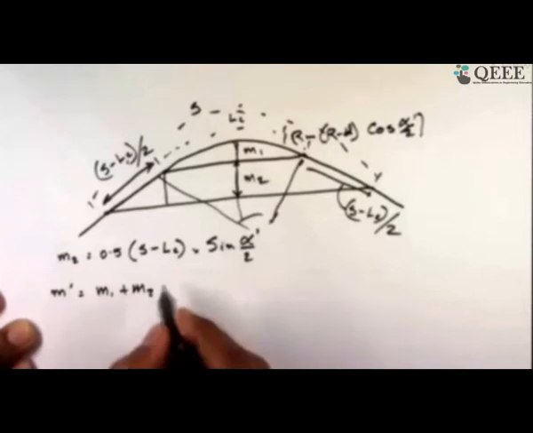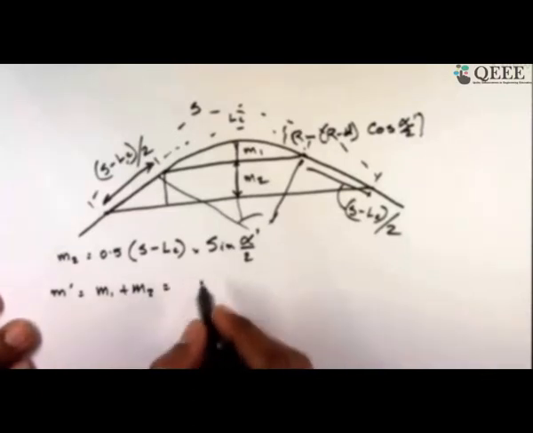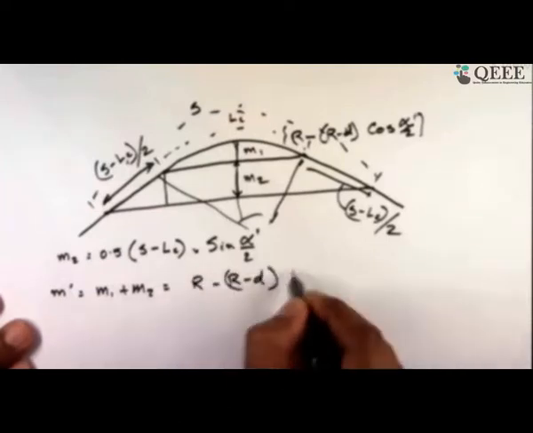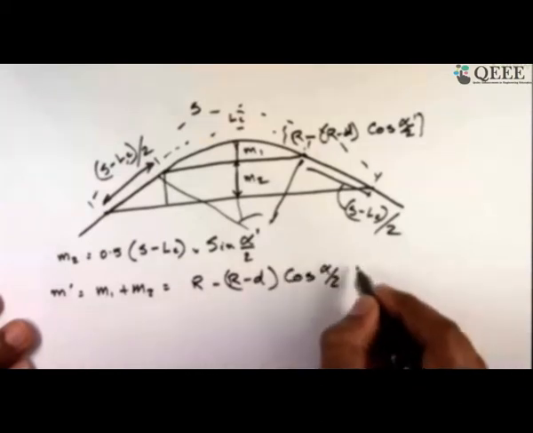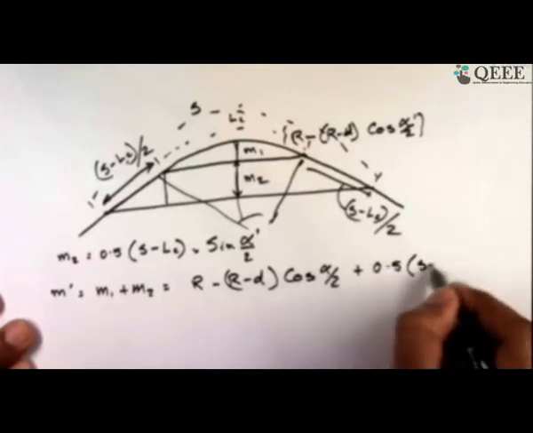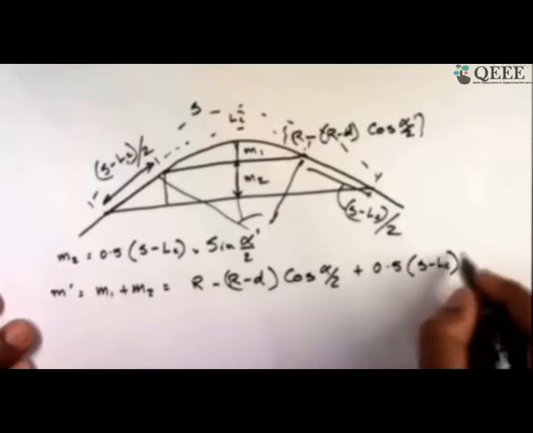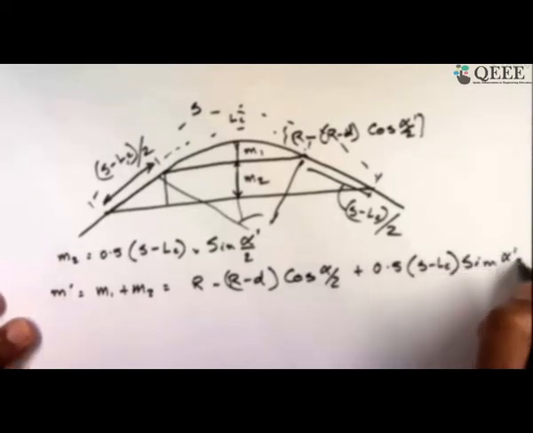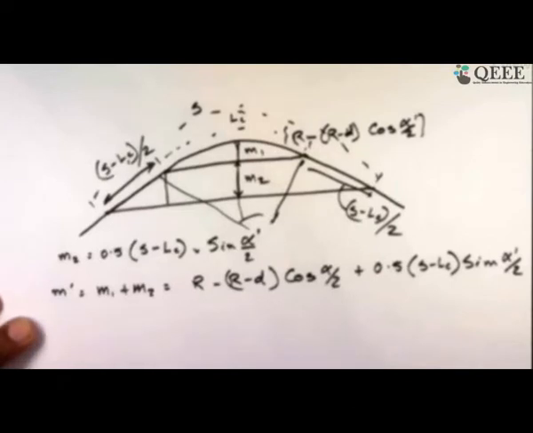Then you are going to get the whole equation which I showed you, which is r minus d times cos alpha by 2 plus 0.5 times S minus LC times sine alpha by 2. So this is the way it is calculated.